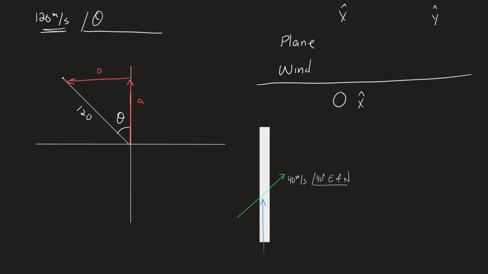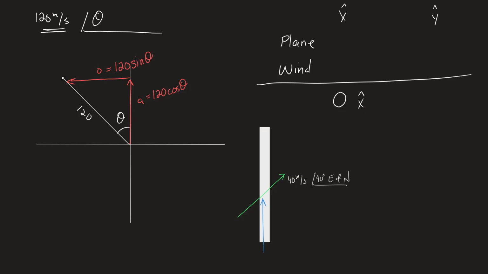I'm not going to write sine and cosine all the way out. I'm going to say the opposite side is 120 sine theta, and the adjacent side is 120 cosine theta. Now I could have picked here to measure my angle. I just chose one. You have to pick something, so I just picked that one. Now those are my components. Any question about where I got any of that from?